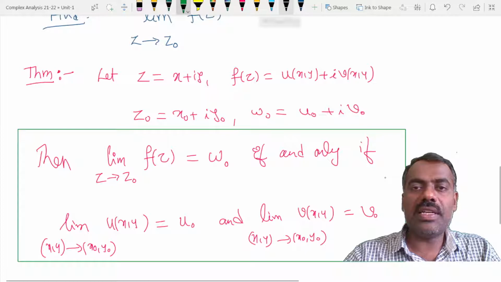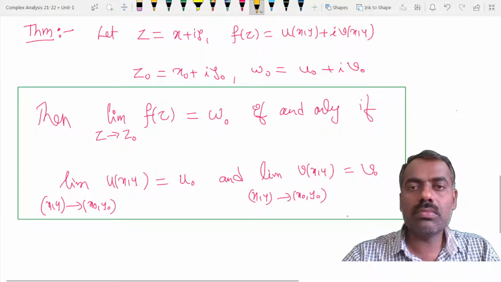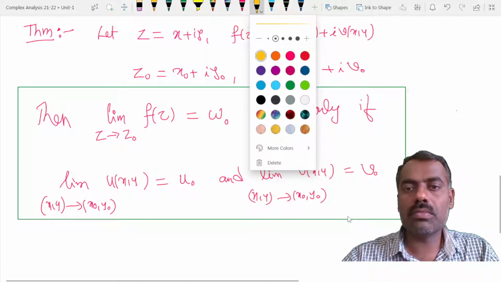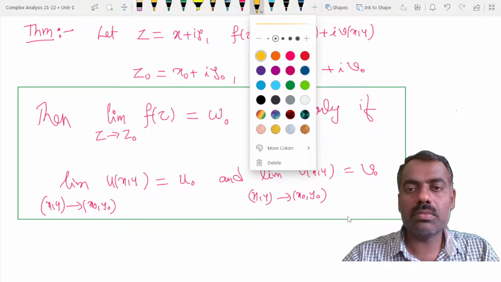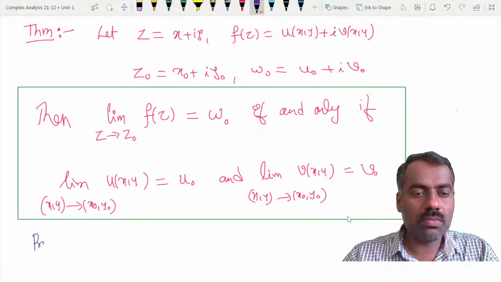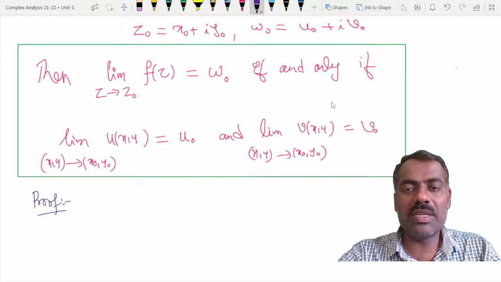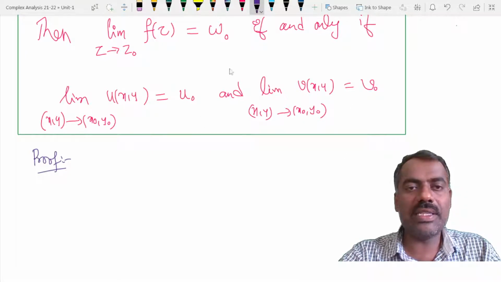Proof is not at all difficult. The proof is: assume this and prove this, and conversely take this one and prove this.